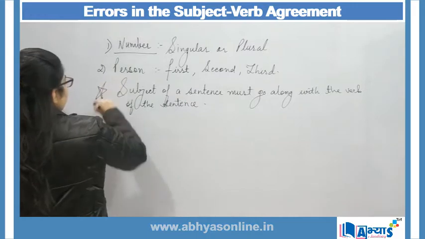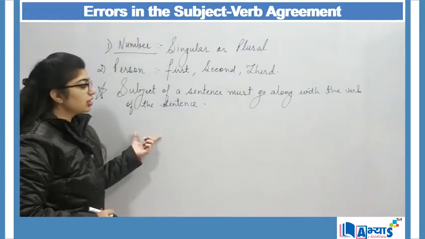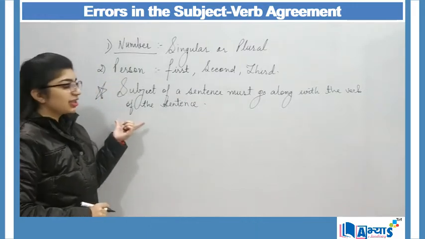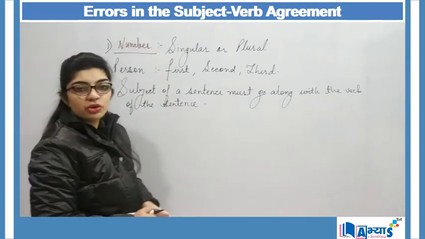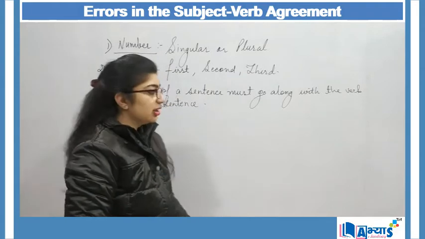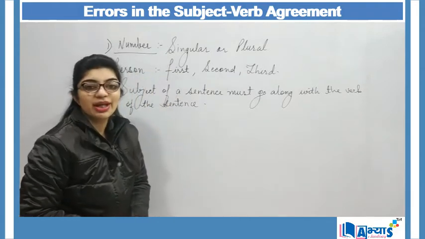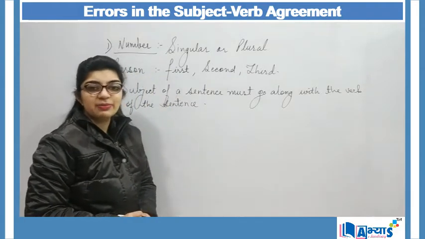This is an important note that we have to remember. If this particular thing is clear, then there won't be any errors which will occur. Now let us look at the various common mistakes that people make.